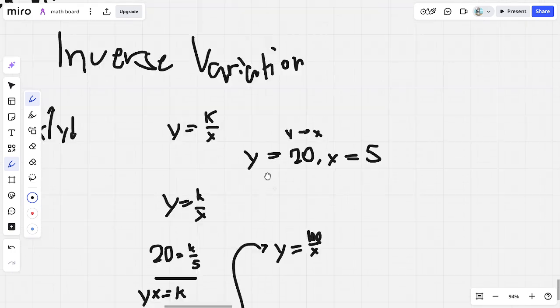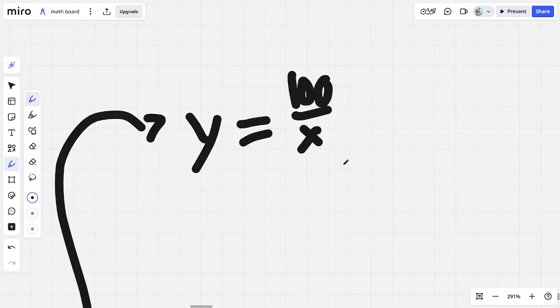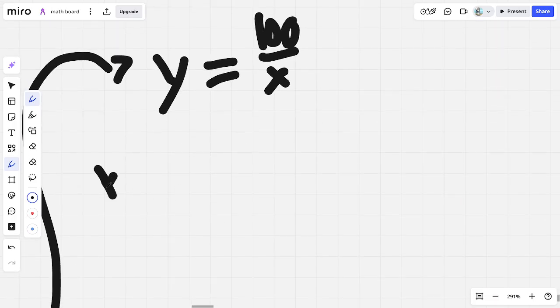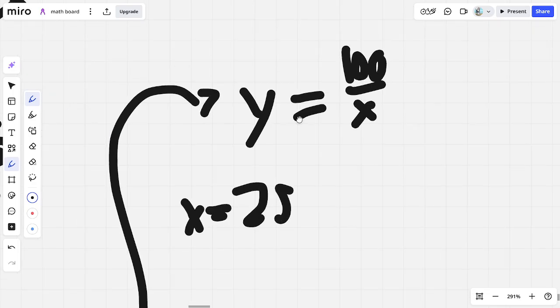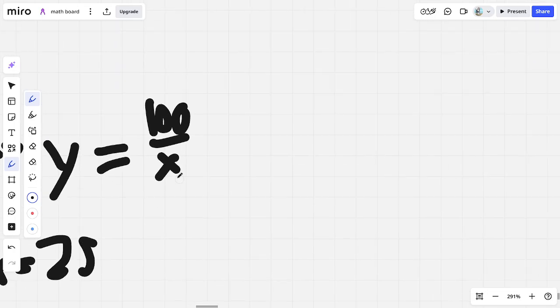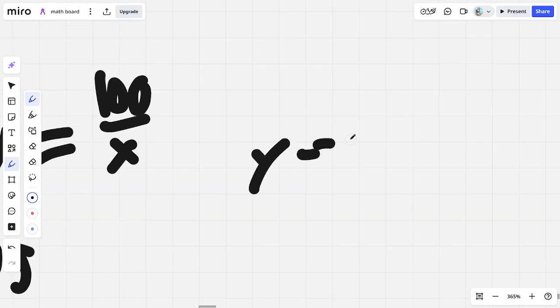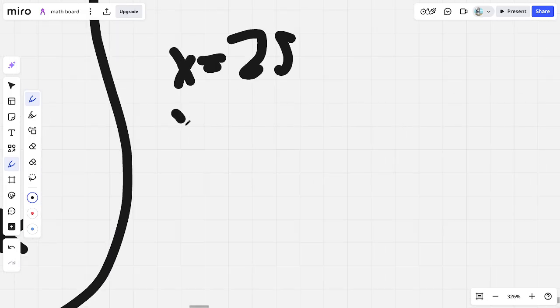And just to show you, for example, let's have a value of x. Let's say x is equal to 25. So y is equal to 100 over x, so y is equal to 100 over 25, which is just going to be 4.